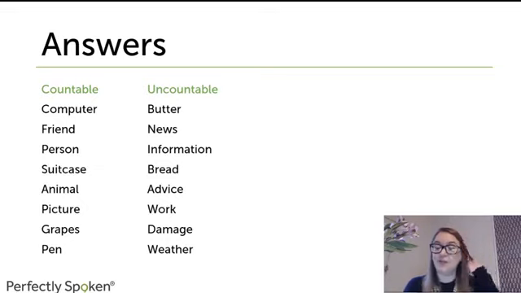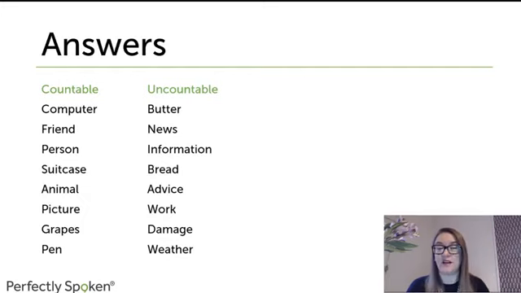So, in the countable list, we have computer, friend, person, suitcase, animal, picture, grapes, and pen. These are all things that we can count. In the uncountable list, we have butter, news, information, bread, advice, work, damage, and weather.